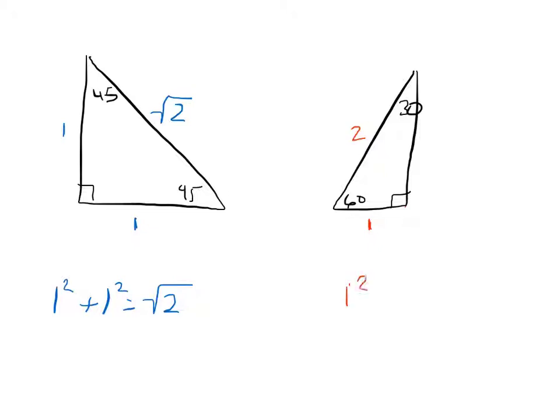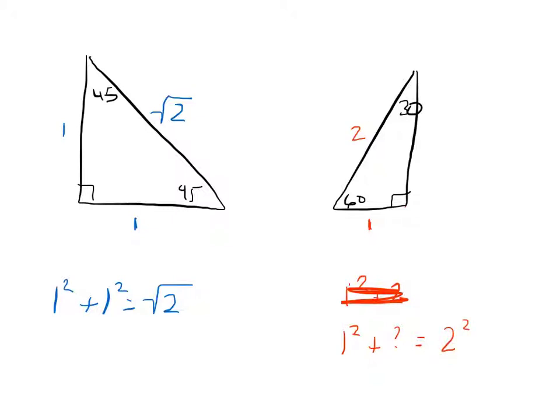Again, you have 1 squared plus, sorry, we're going to just put a line through here, so I got you a little bit confused there, but 1 squared plus, we don't know that third side, equals 2 squared.